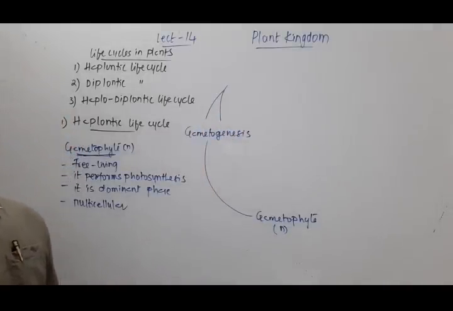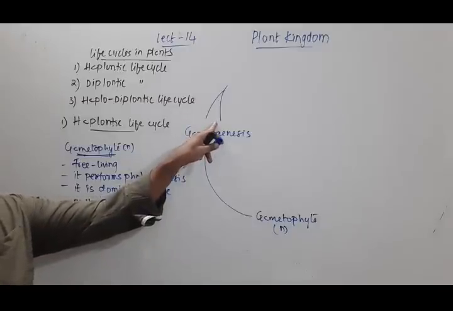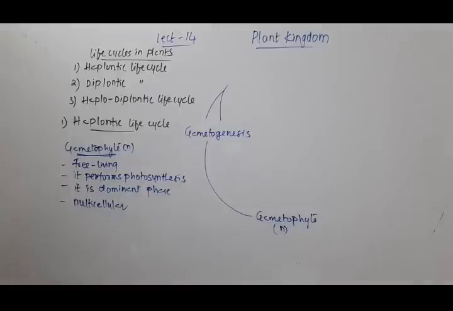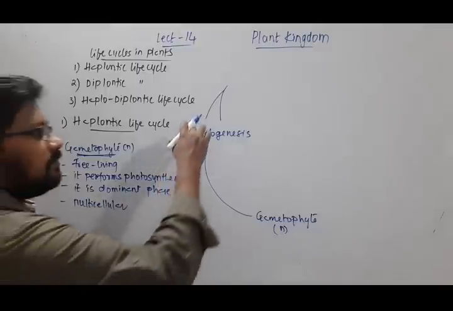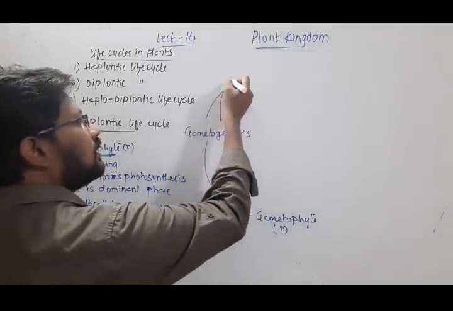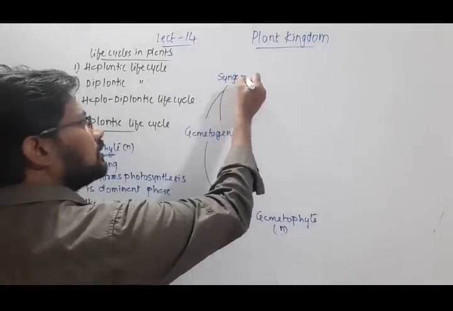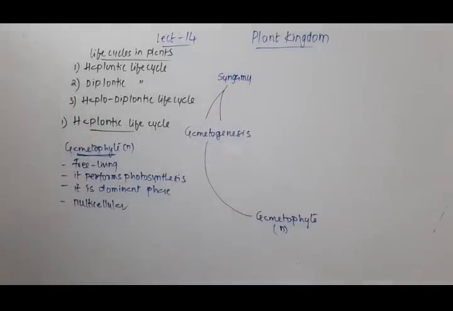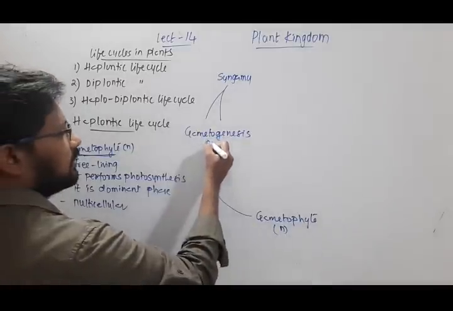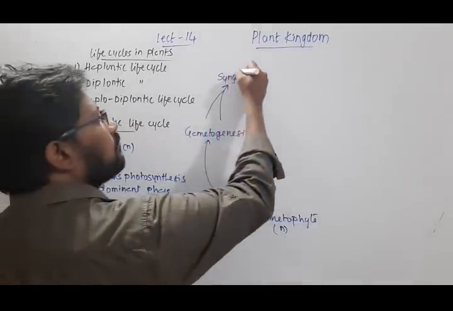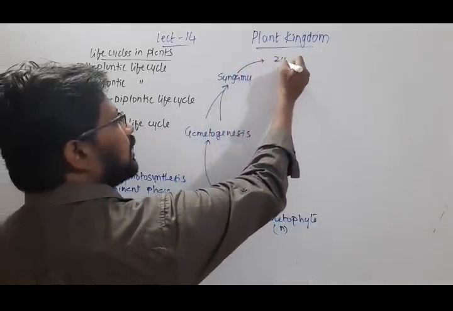So gametogenesis results in the formation of male gametes and female gametes. These male and female gametes fuse, which is syngamy, and it results in fertilization and the formation of the zygote.